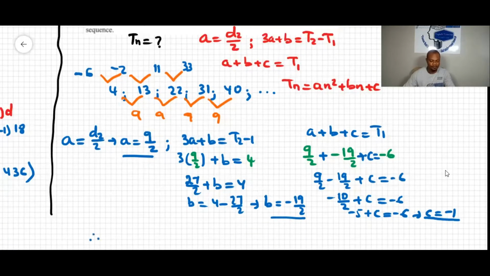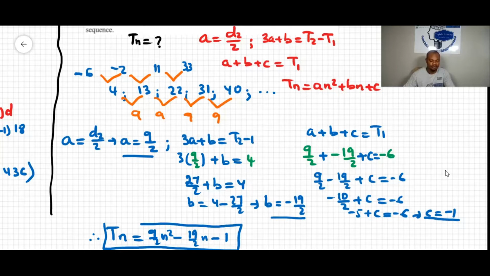Therefore, Tn equals 9 over 2 n squared minus 19 over 2 n minus 1. That's Tn, the quadratic sequence.